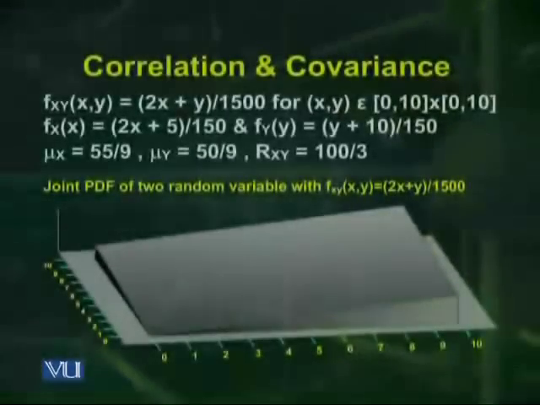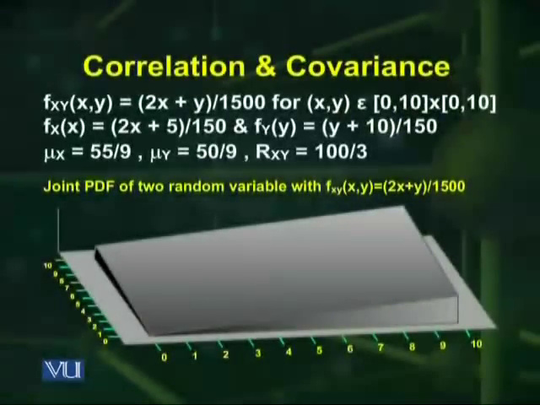We know that this is a non-flat PDF defined over a square region, so the two random variables are not independent of each other, and the correlation cannot be equal to the multiplication of two expected values.